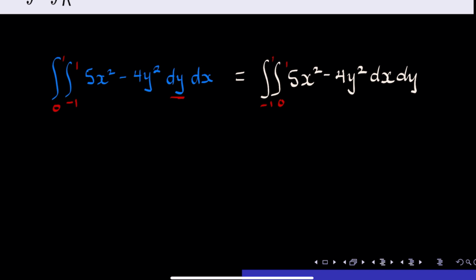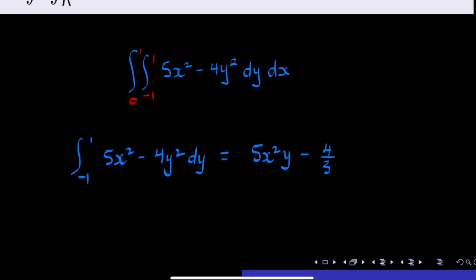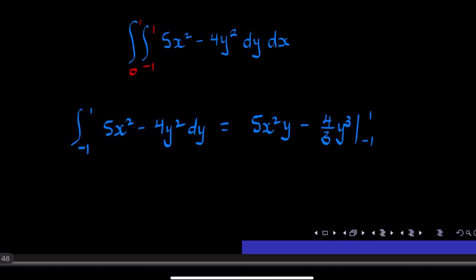So we are going to integrate with respect to y first. Here we integrate the inner integral first. So we are going to have the integral from -1 to 1, 5x squared minus 4y squared dy. Now let's integrate this guy with respect to y. So we are going to have 5x squared y minus 4 on 3 y cubed, then from -1 to 1.